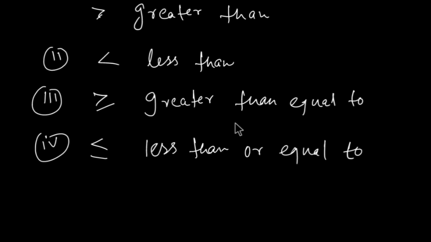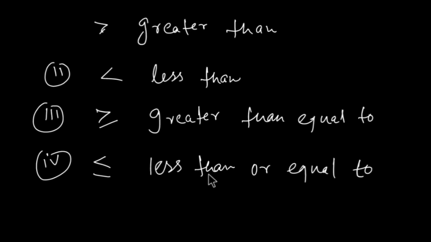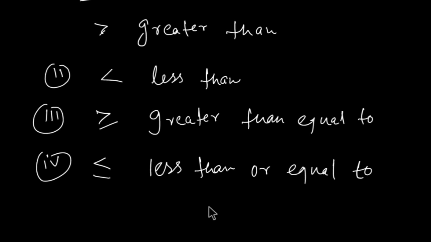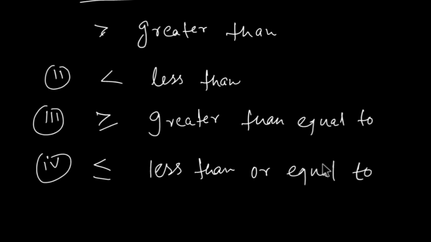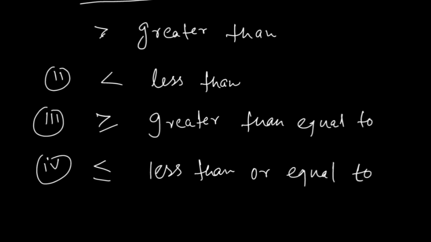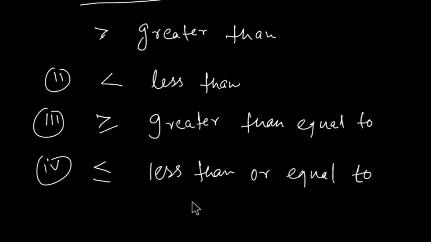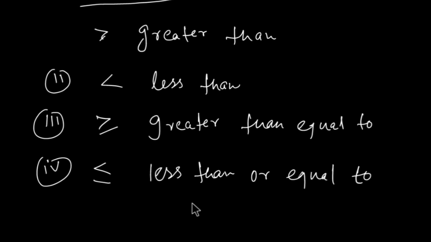So there are lots of equations regarding this that we will study later. But first we understand how to solve these linear inequations. So there are some rules that we need to follow while solving these equations.